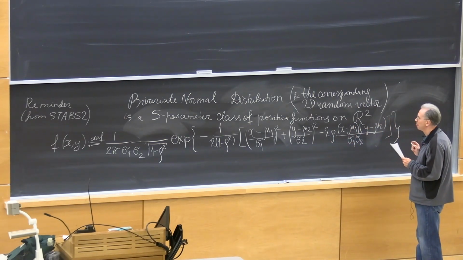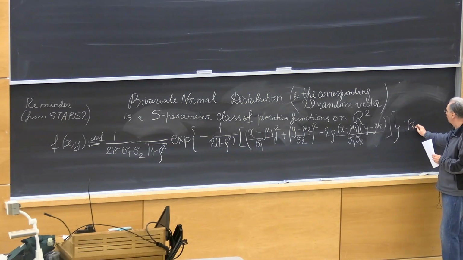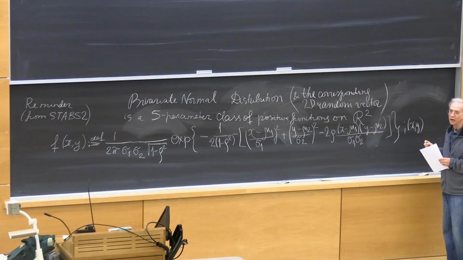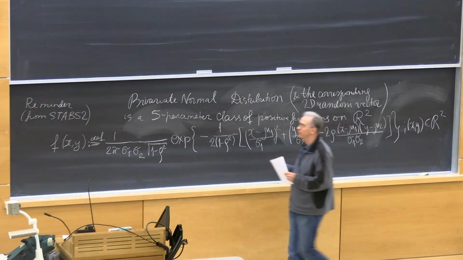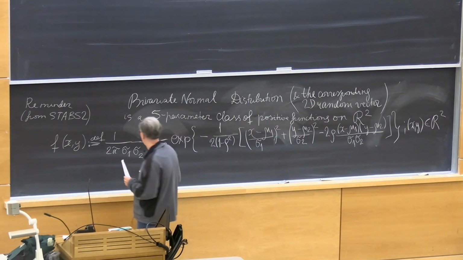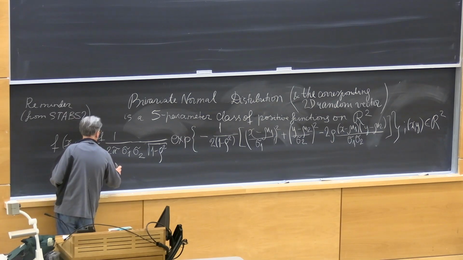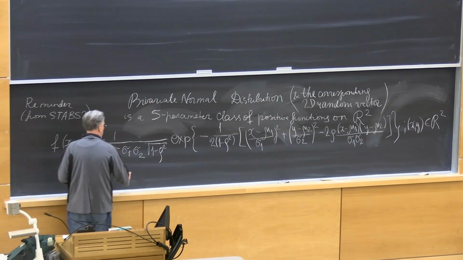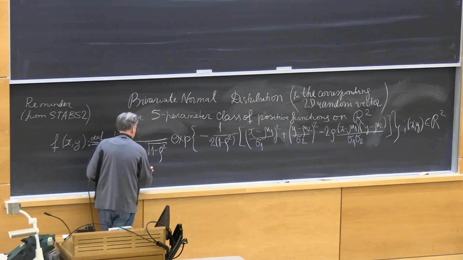Okay. So here x, y is an arbitrary point on the plane. And we have 5 parameters, which are mu1, mu2, and mu1 and mu2 are arbitrary real numbers.